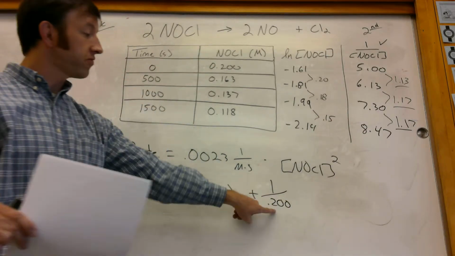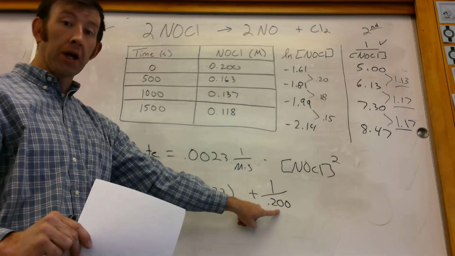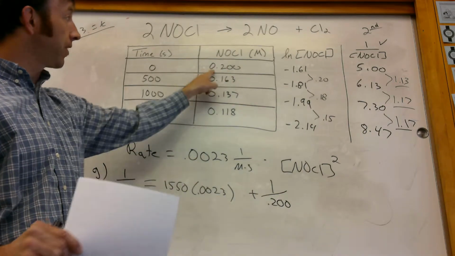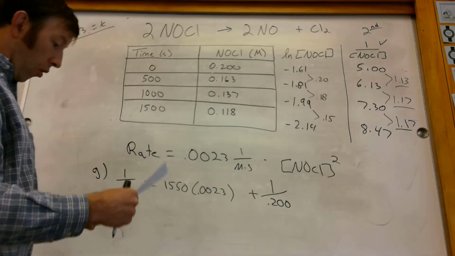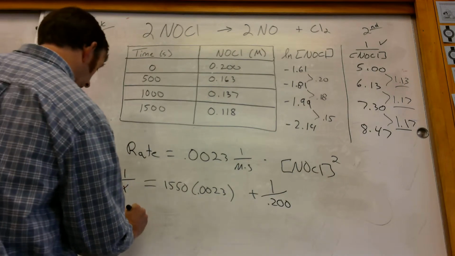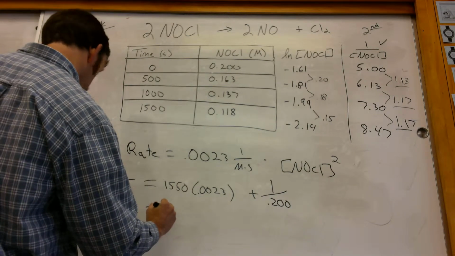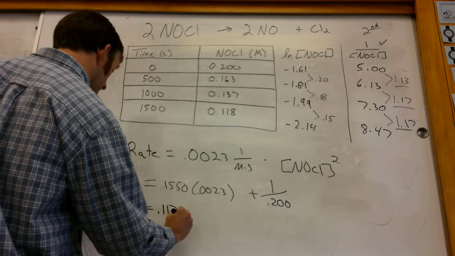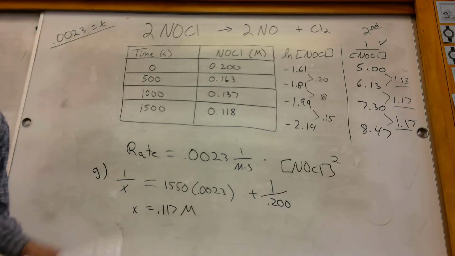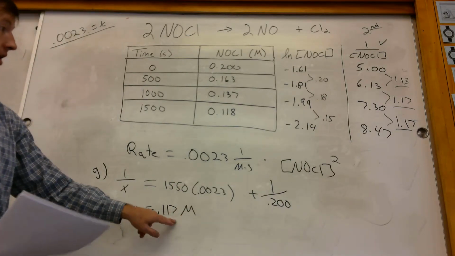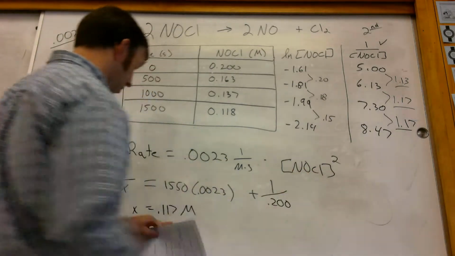And I know this value because this is my molarity of my reactant at 0 seconds. So when I solve for that, I get x equals 0.117 molarity. Now that I know my molarity, I can plug that value in here.